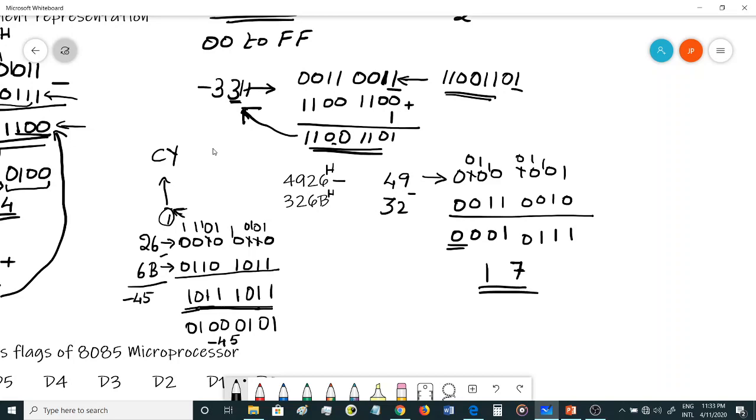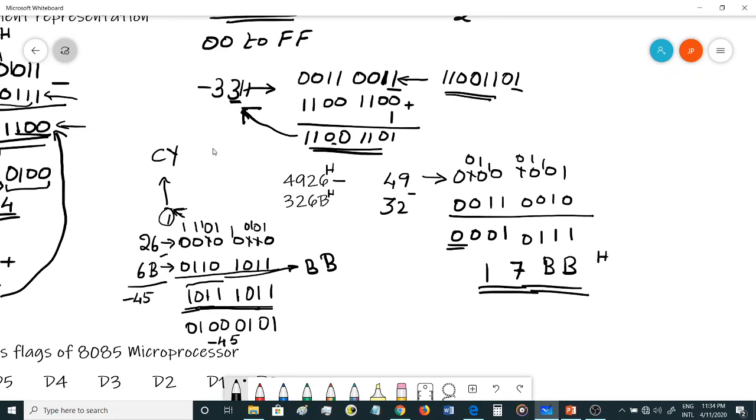So your result is 17, and over here, these 4 bits are 8 plus 2 is 10, plus 1 is 11, which is B, and this is again 8 plus 2 plus 1, 11, which is B. So you get the result as 17 BB, which is your 16-bit result, a positive number.